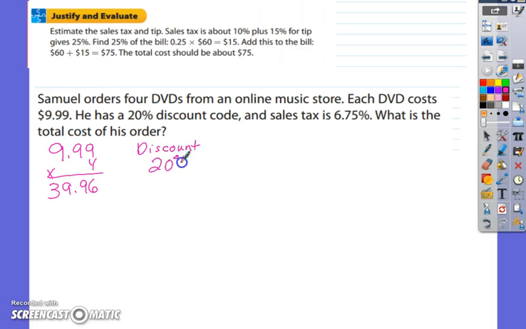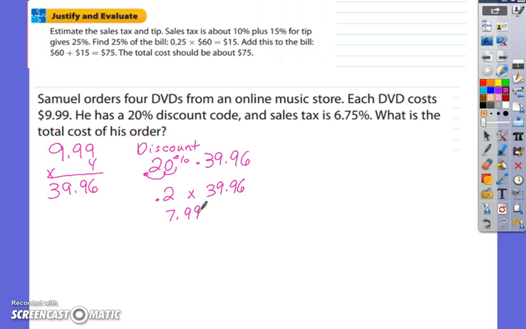So 20% times $39.96, we can change our percent to a decimal, so we will be multiplying 0.2 times $39.96, and we will get $7.99. So that is our discount.